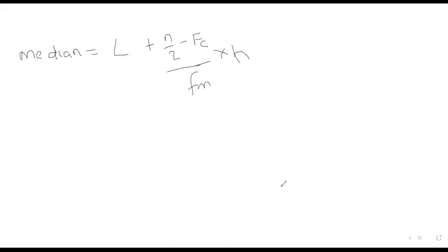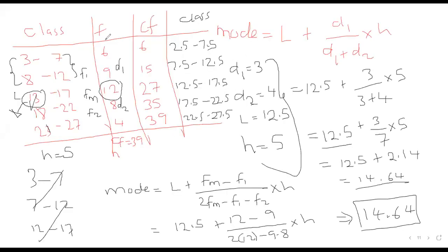All right. So here, let's identify our N. When you go to this one here, what was our total? 39. This is the same as our N, which is 39.